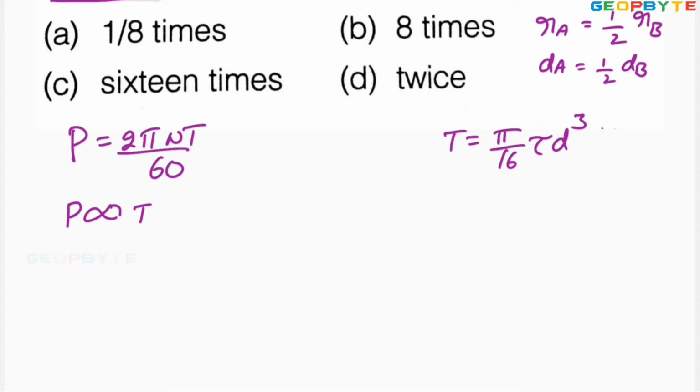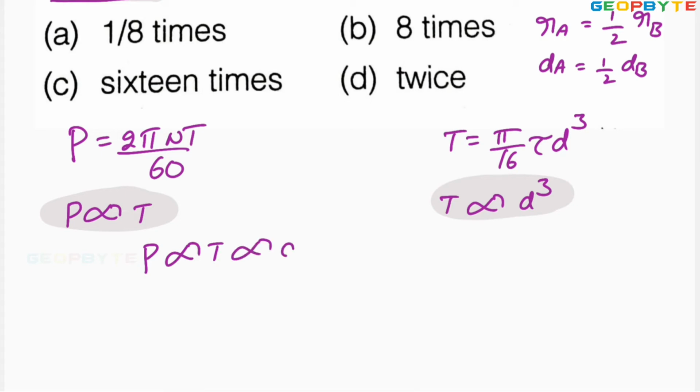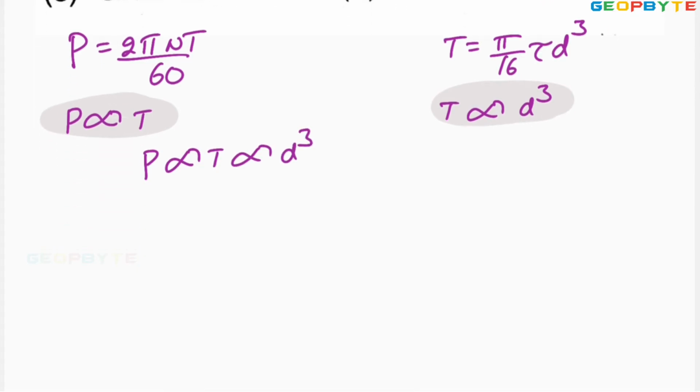For a particular shear stress, I can write that torque is proportional to d cube. Since power is proportional to torque and torque is proportional to d cube, therefore, power is proportional to d cube.